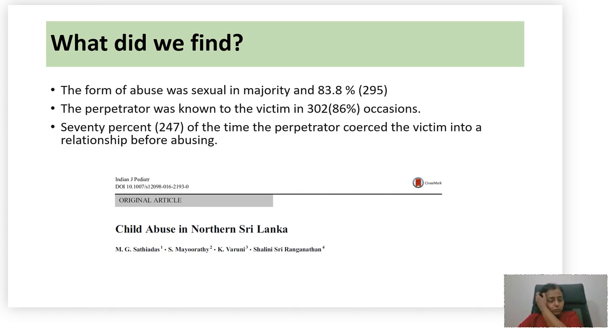This is what we usually see in these 13, 14, 15-year-old girls going out with a little 18 or 19-year-old male who coerces the girl into a relationship, and then he abuses her. So that was the common reason in our study.